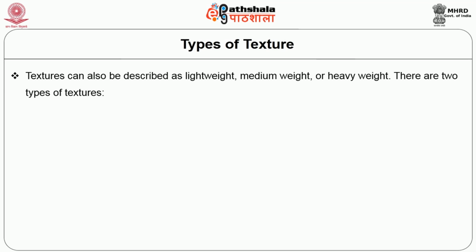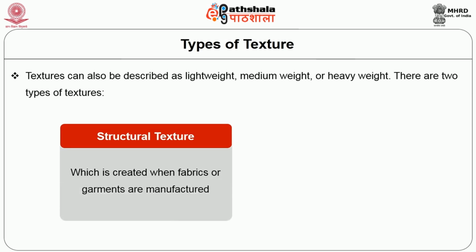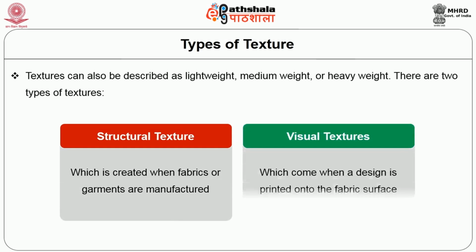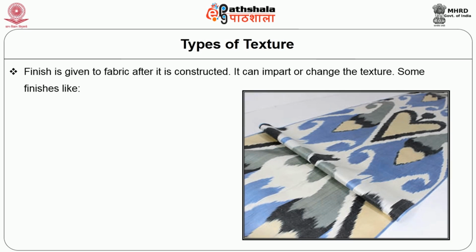It can also be divided in two different ways, that is structural texture and added visual texture. Structural texture refers to the fabric or the garment, whereas visual texture refers to the print design. Finish is given to the fabric after it is constructed. It can also impart or change the structure.